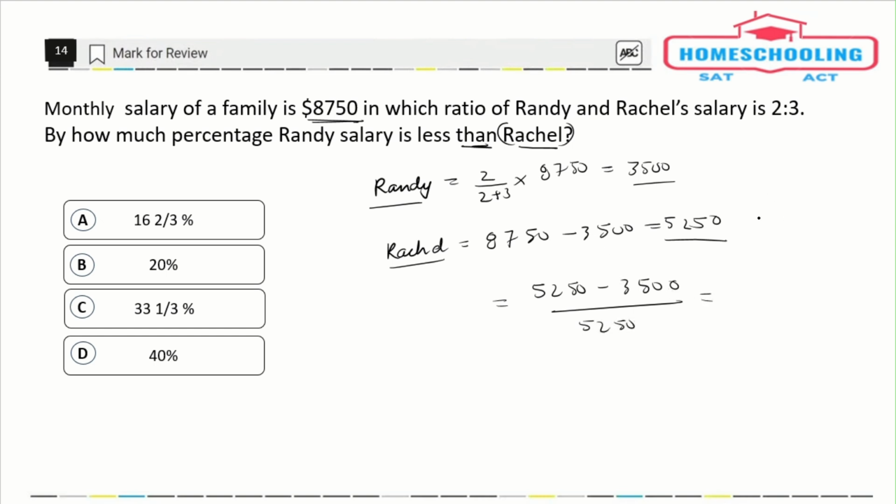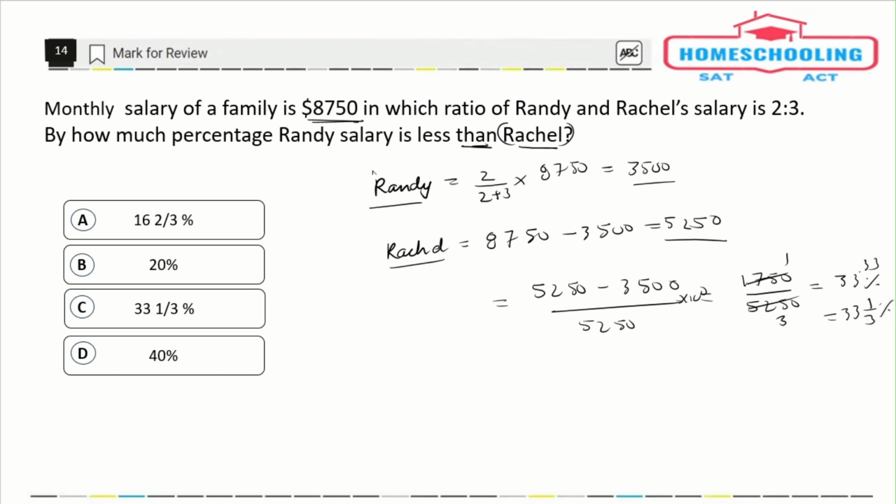So your answer would be 1750 by 5250. This would be 1 by 3, so this would be 33.33%, or 1 by 3. So you can write it as 33 and 1 by 3%.